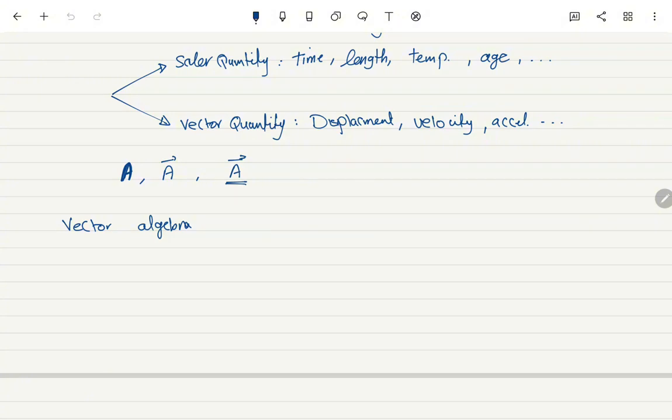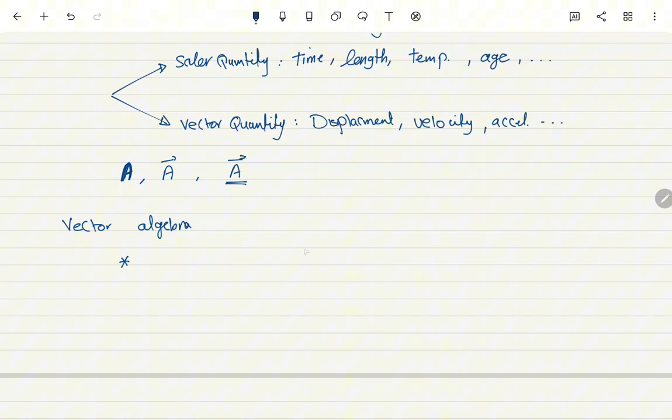Before going further in vector algebra, let's have some definitions. The first one is: two vectors A and B are equal if they have the same magnitude and the same direction, regardless of their initial and end points.